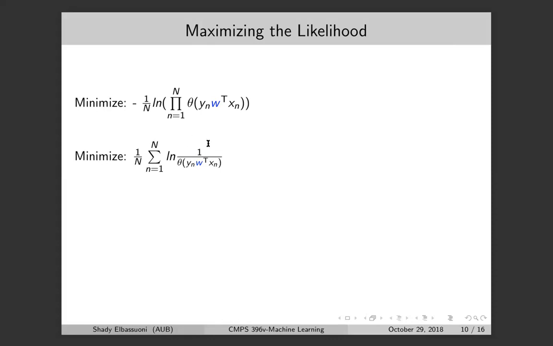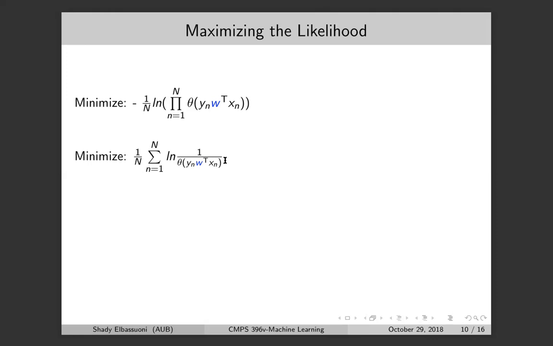So minimize 1 over n sigma from n equals 1 to n of log 1 over theta of yn W transpose xn. You can assume that this is right. The negative 1 is because this can be written as theta of yn W transpose xn to the power of negative 1, and the negative 1 goes outside. And again, log of a product is a summation over the individual logs.